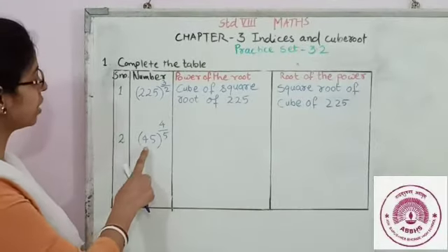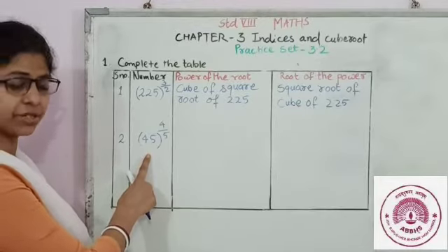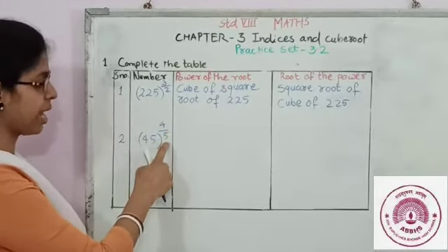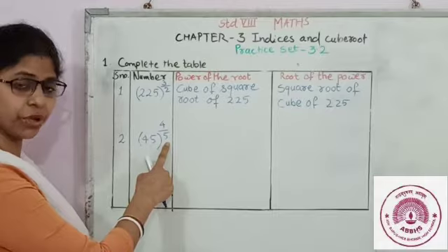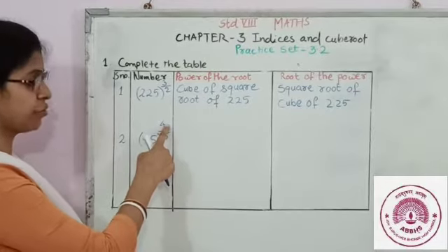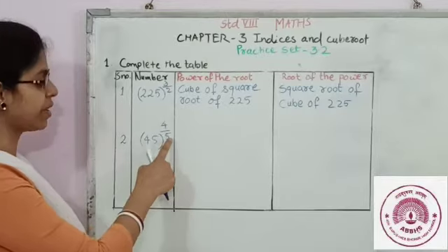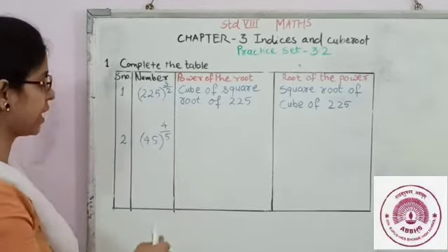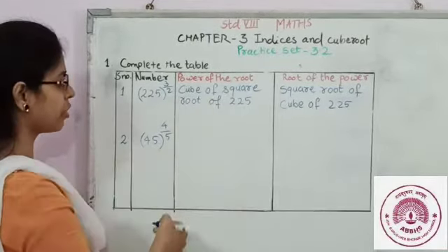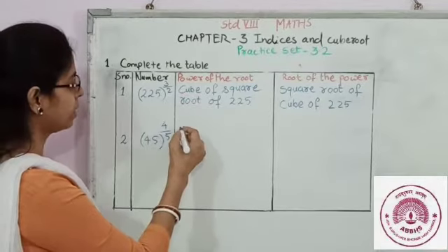Number 2 is 45 raised to power 4 by 5. So here the power is 4th power and the root is 5th root because 1 by 5 is there. Okay. So let's write it. Now here for power of the root, so first we have to write the power.